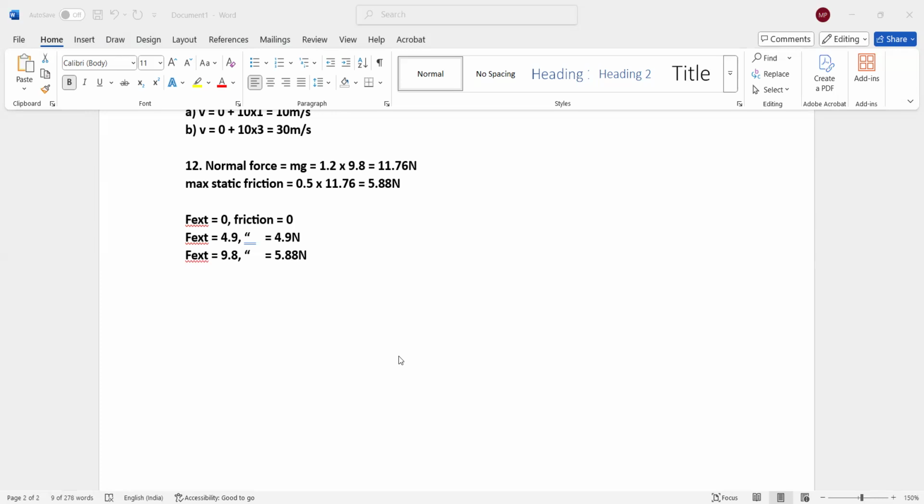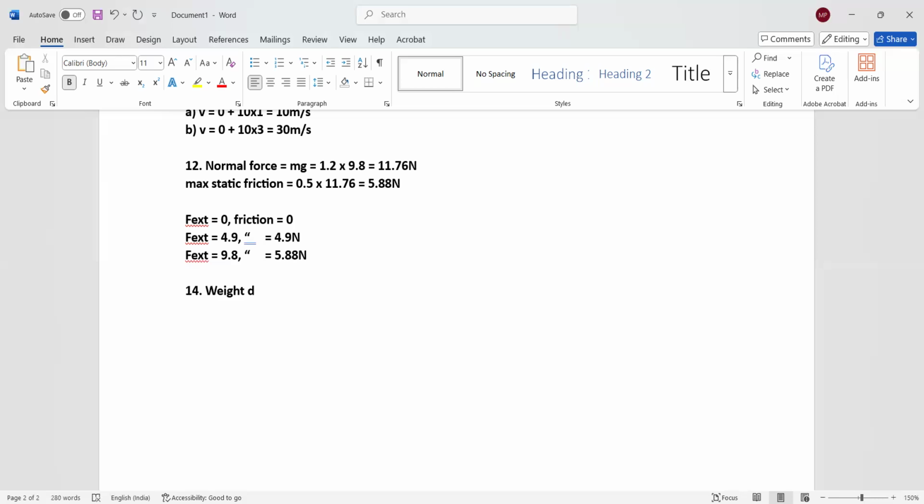Next, what minimum force F is required to keep a 5 kg block at rest on an inclined plane of inclination 30 degree? Coefficient of static friction between the block and inclined plane is 0.25. So here, weight component down the plane.